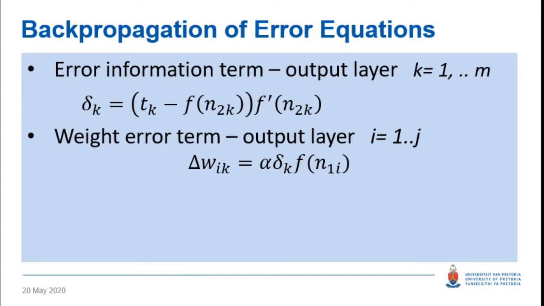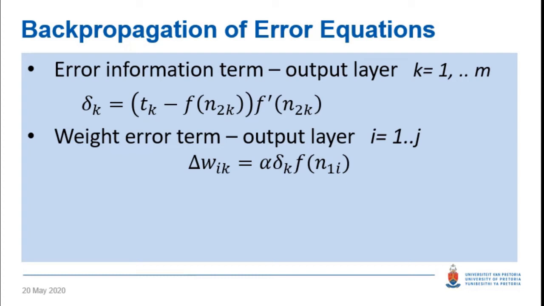So we're still at the output layer, but you must know we're now actually going to map back to the hidden layer from the output layer. So J represents our nodes, the number of nodes at our hidden layer, and this is indexed by I. So basically the change in your weight error term is going to be alpha. Now alpha is a learning rate.